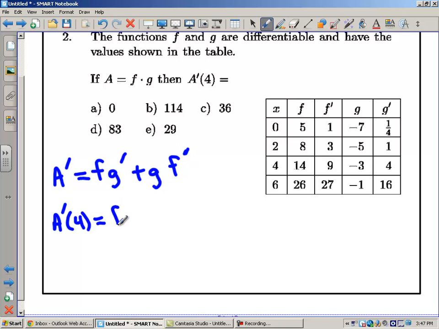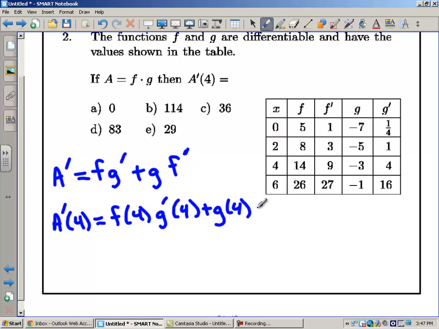So that's going to be f of 4 times g prime of 4 plus g of 4 times f prime of 4. So let's see if we can get that information from this table. So a prime of 4 is, let's see, f of 4 is 14. G prime of 4 is 4.